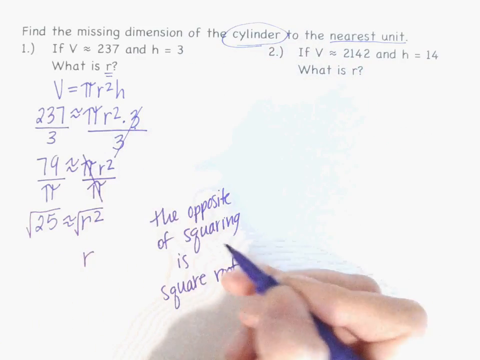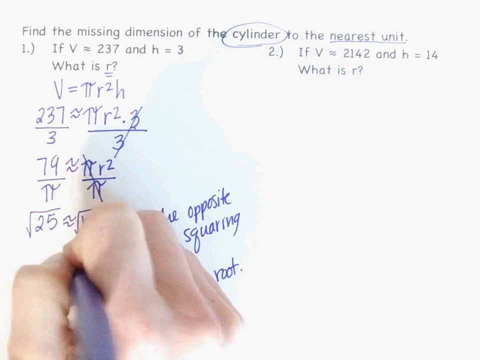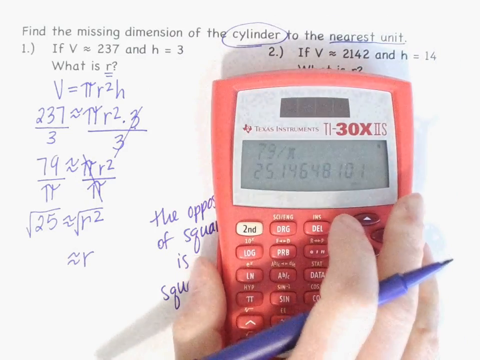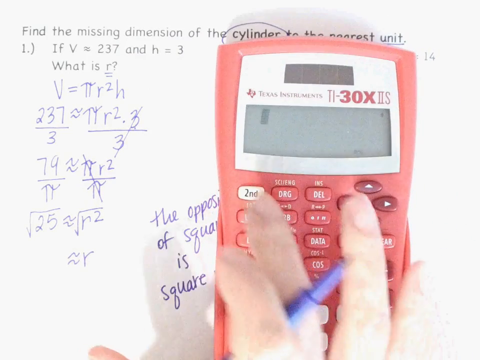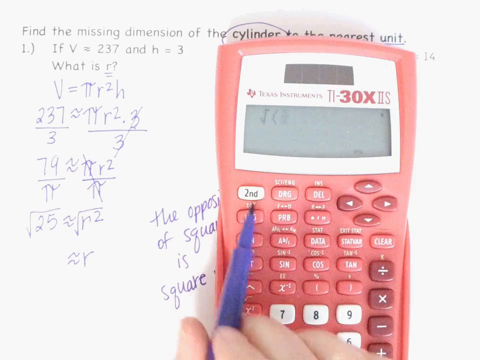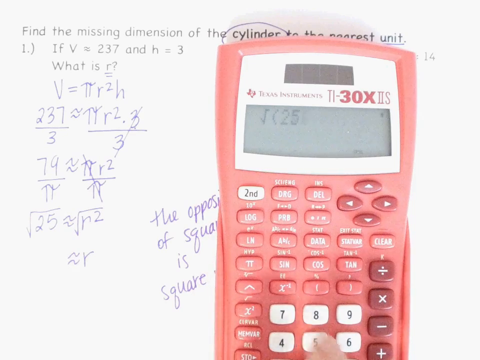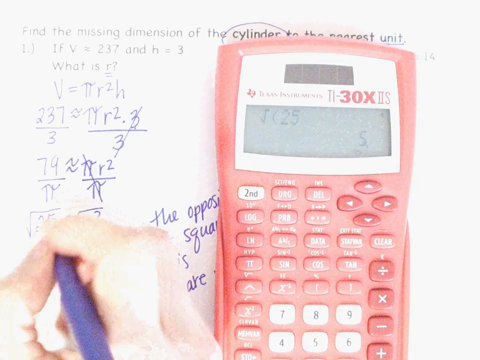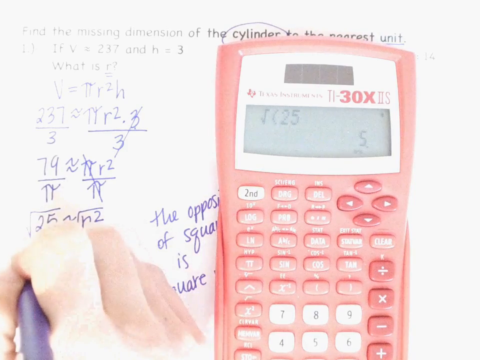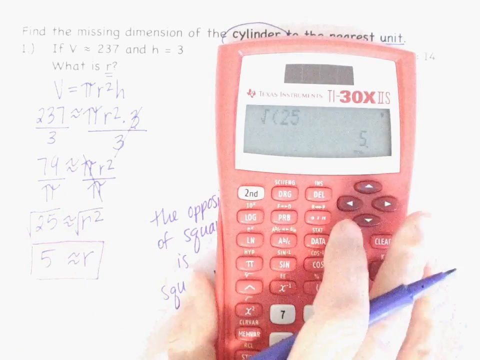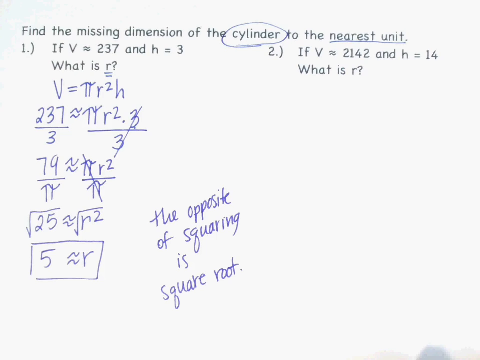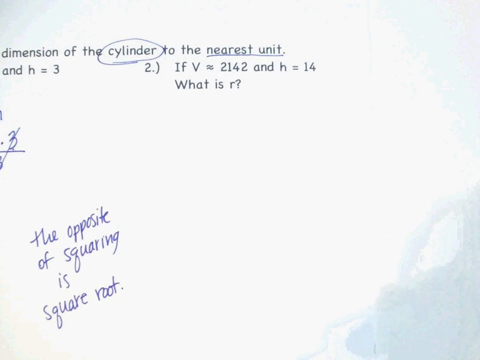So our r gets isolated, and it's going to be equal to, and so again, we're going to use our calculator. We can go ahead and do second x squared, type in 25. The square root of 25 is 5. And so this is the answer for this first one. Okay. I almost asked, are there any questions? Just purely out of habit. I wish I could be there to answer them for you.